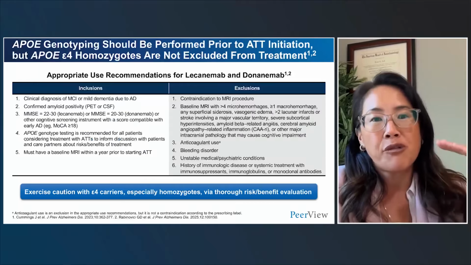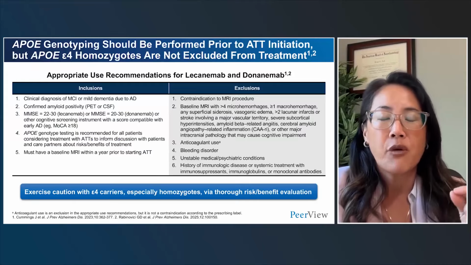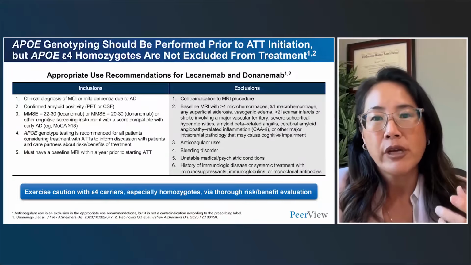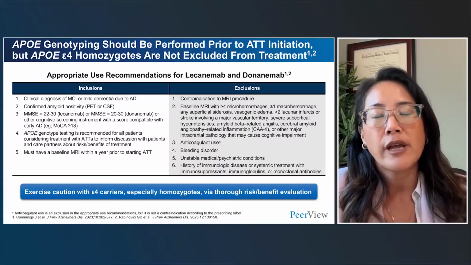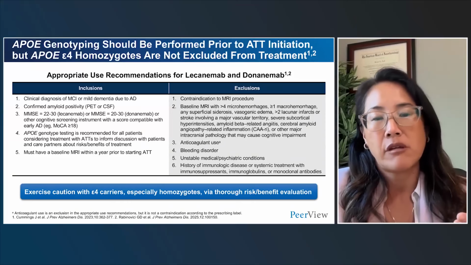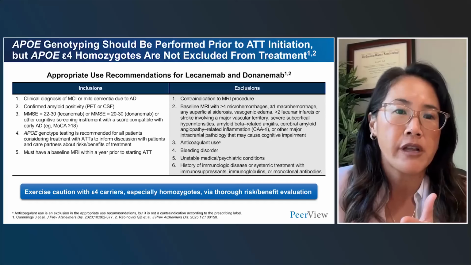Now, we don't need to go through all the inclusion and exclusions for the requirements for lecanemab and donanemab, but it's important to note that the appropriate use recommendations for getting these therapies require APOE genotyping prior to starting the amyloid targeting therapies.